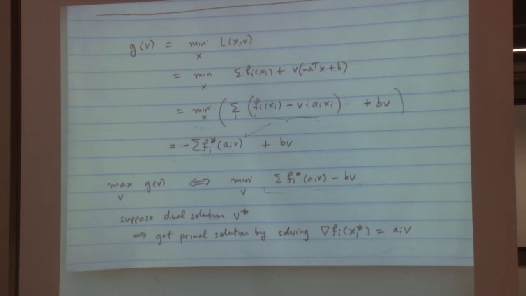If you didn't know anything about conjugates, you could still derive the dual. You just would go through the steps manually. The conjugate is another way of abstracting out things that you know so that you can piece together dual problems easily. That's really what it does. But that's what we're going to spend a lot of time on in this lecture. Other questions?